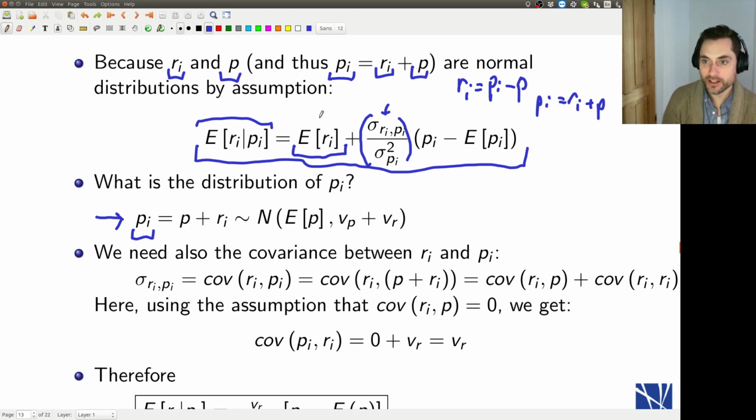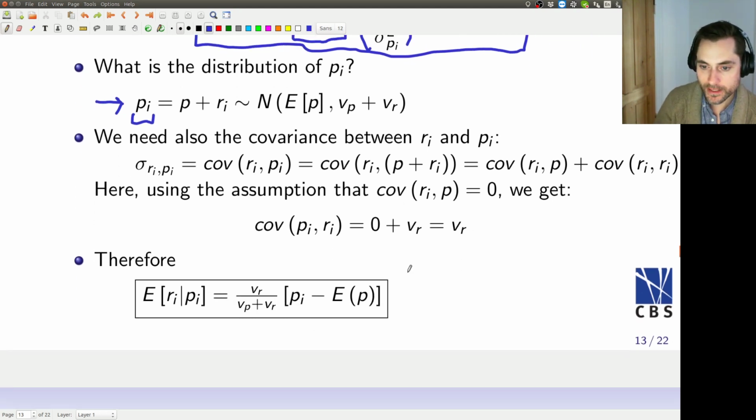So we know that this is 0 because deviations of your price from the average price level are 0 on average. We know that the expectation of Pi is equal to the expectation of P. We know that the variance of Pi is equal to the variance of P plus the variance of R. And finally, we know that the covariance of Ri and Pi is just the variance of R. Putting that all together, we end up with this expression here.